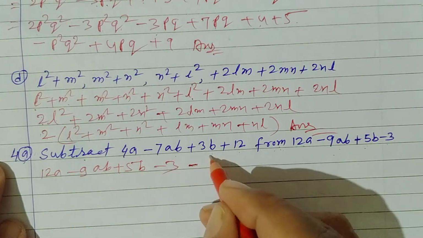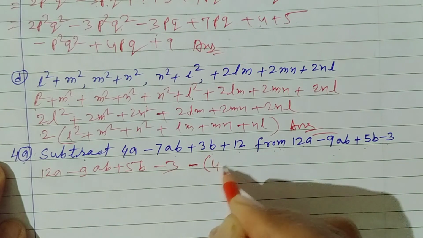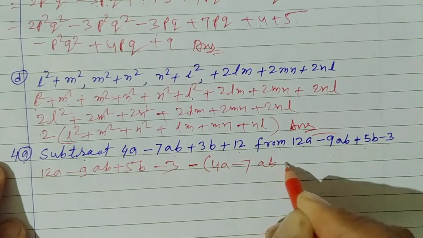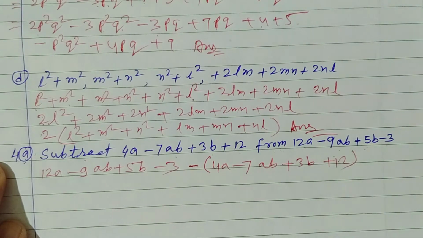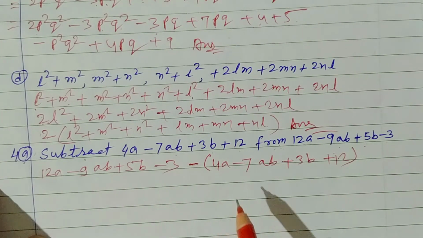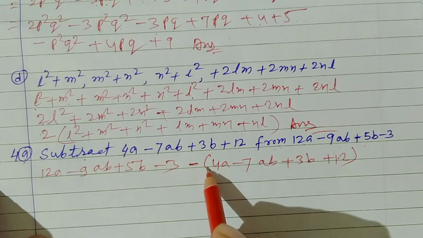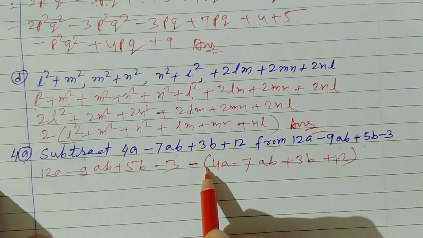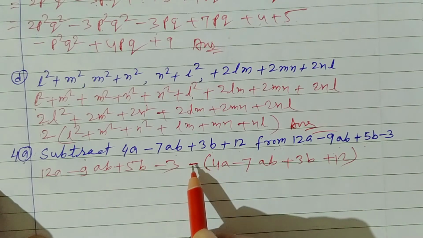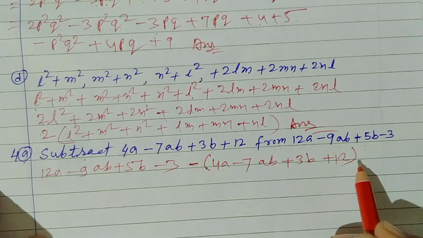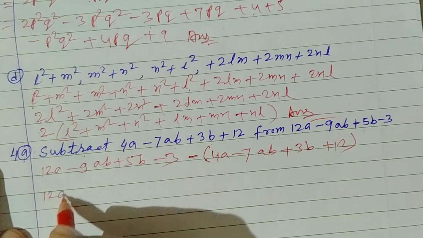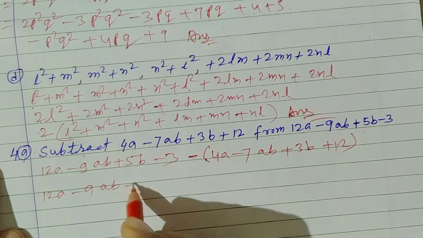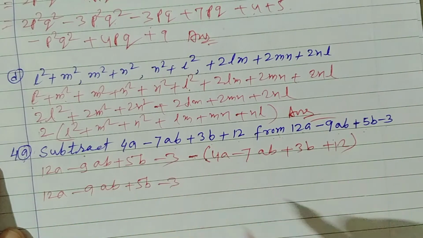After that we write in brackets 4a minus 7ab plus 3b plus 12, and close the bracket. After that, the next step: we remove the bracket and change the signs. 12a minus 9ab plus 5b minus 3.